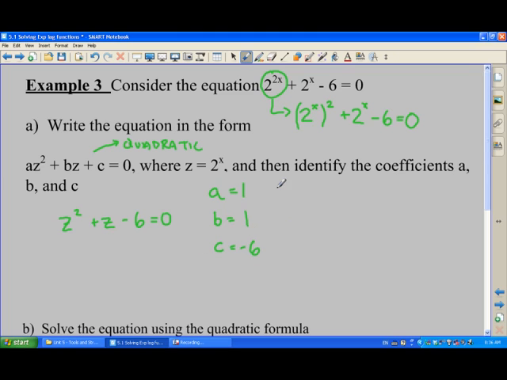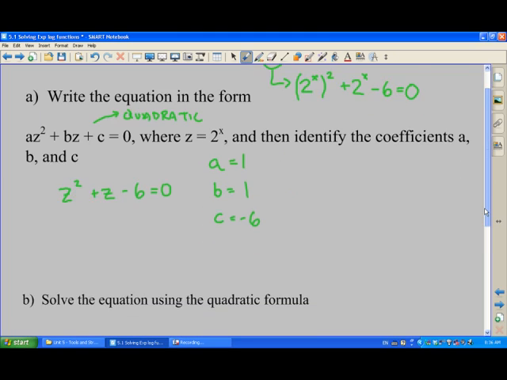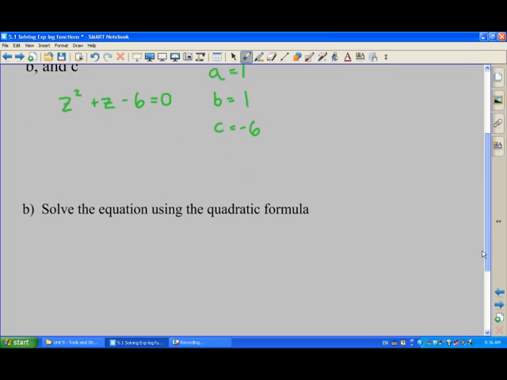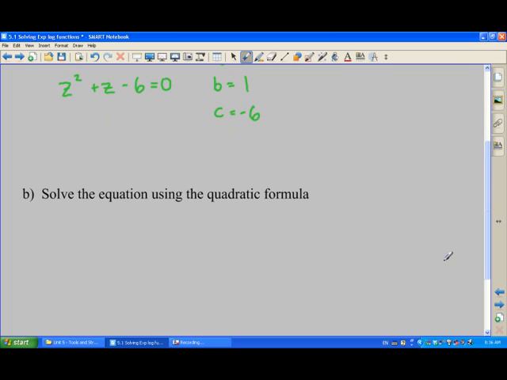And I identify these three coefficients because I'm going to solve this equation now using the quadratic formula, where z is going to be equal to, quadratic formula, negative b plus or minus the square root of b squared minus 4ac all over 2 times a.